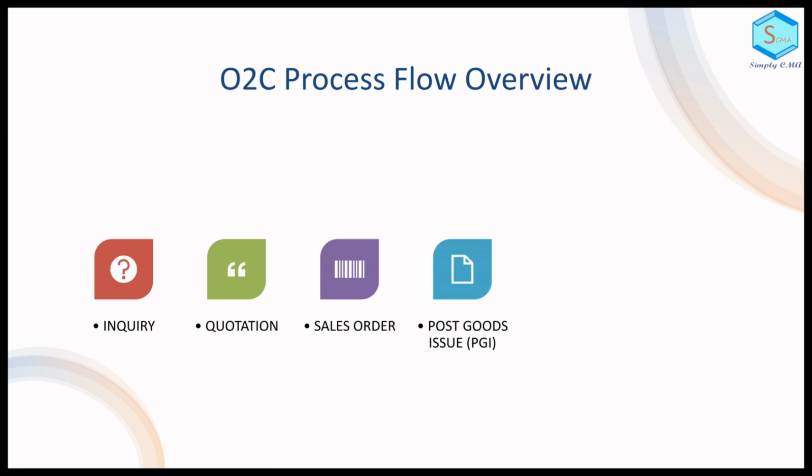The fifth process is delivery. Here goods are delivered at the customer's destination. The last process, the sixth in O2C, is billing. The invoice is raised and sent to the customer. Each of these steps plays a unique role in ensuring smooth customer fulfillment and accurate accounting.